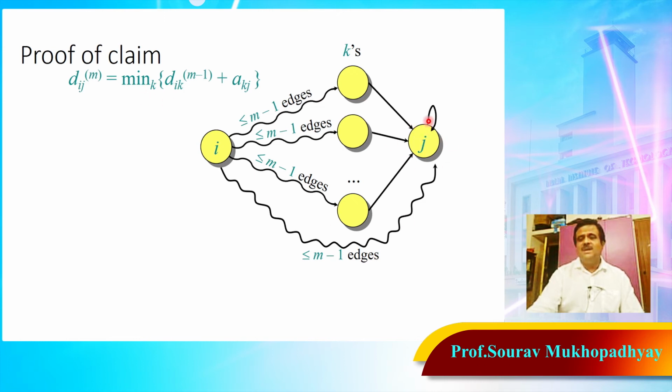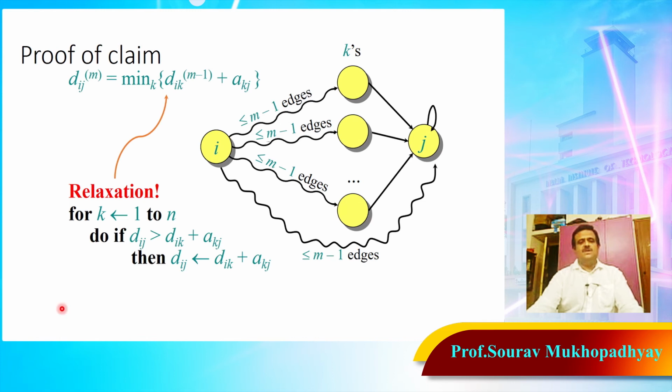If k is j, then there is a self loop over here, that is Ajj, and we go here and use this self loop. So, k varies from 1 to n, depending on how many direct edges there are. Okay. So, this formula is clear and straightforward from this. We consider all such paths, and among these we take the minimum one, and that minimum is Dij m.